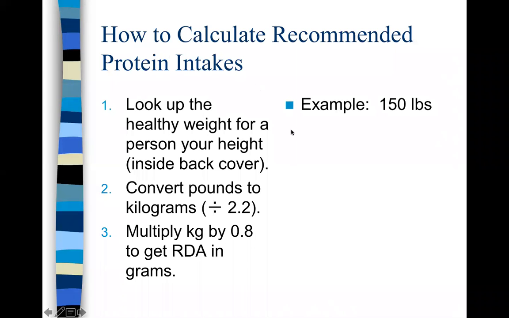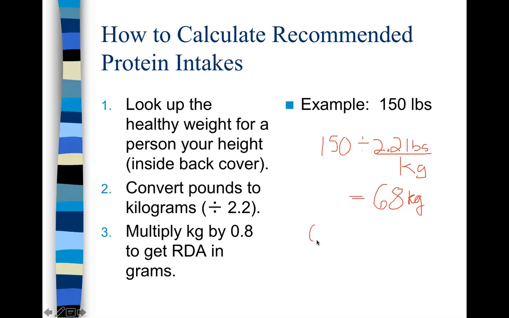In this example, we're going to have 150 pounds and we're going to divide this by 2.2 because there are 2.2 pounds per kilogram. And what we're going to get is that a 150-pound person weighs 68 kilograms.